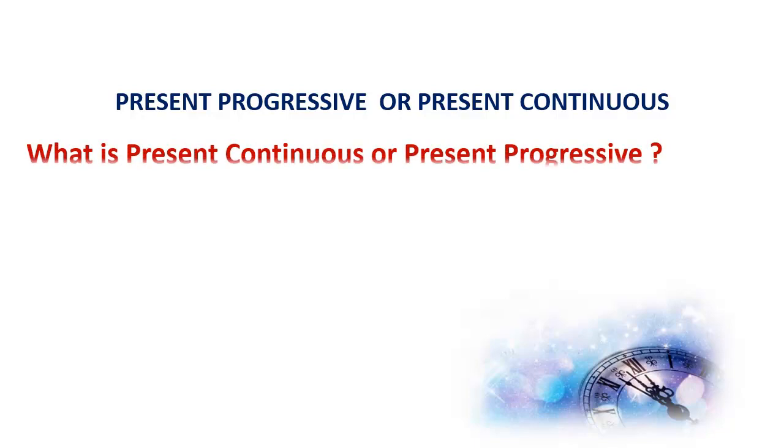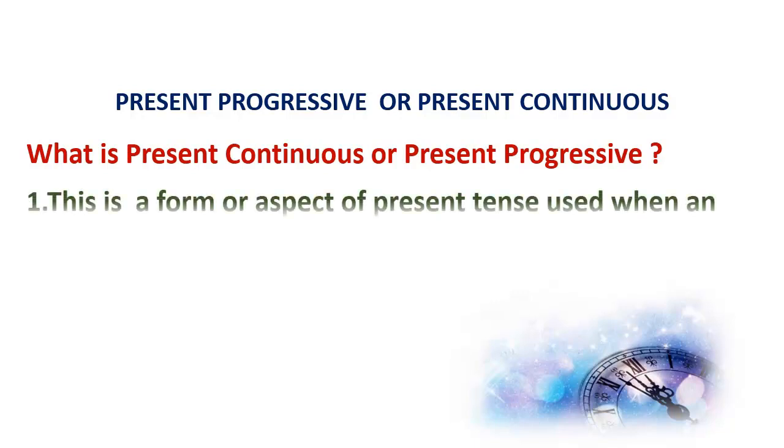Now children, present progressive or present continuous. What is present continuous or present progressive? First, you can say children, this is a form or aspect of present tense used when an action is continued or going to be continued in the future.